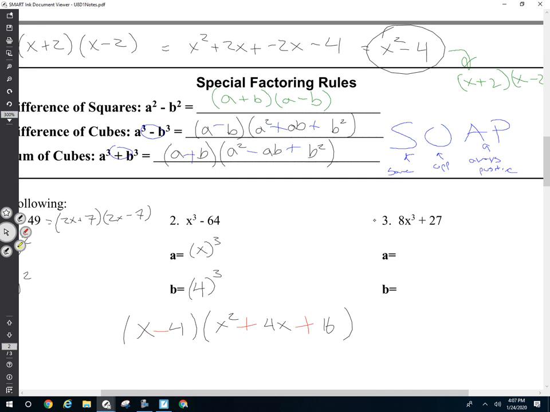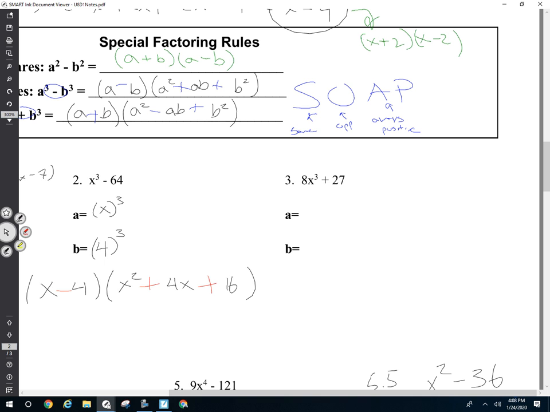We'll do one more. What cubed gives us 8x cubed? 2x times 2x times 2x is 8x cubed. What times itself gives us 27 if you multiply by itself 3 times? It's 3. 3 cubed is 27.